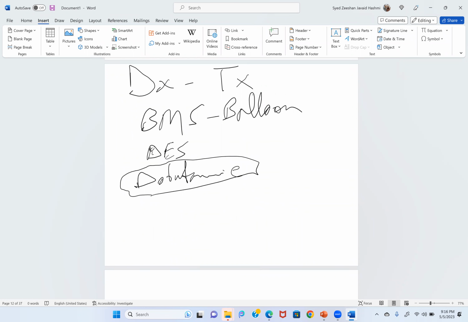With reference to ischemia, what will you see in the echo? You will have hypokinesia. Ejection fraction, no, I'm sorry, not ejection fraction. Hypokinesia and akinesia. Before that, there is segmental wall motion abnormality.